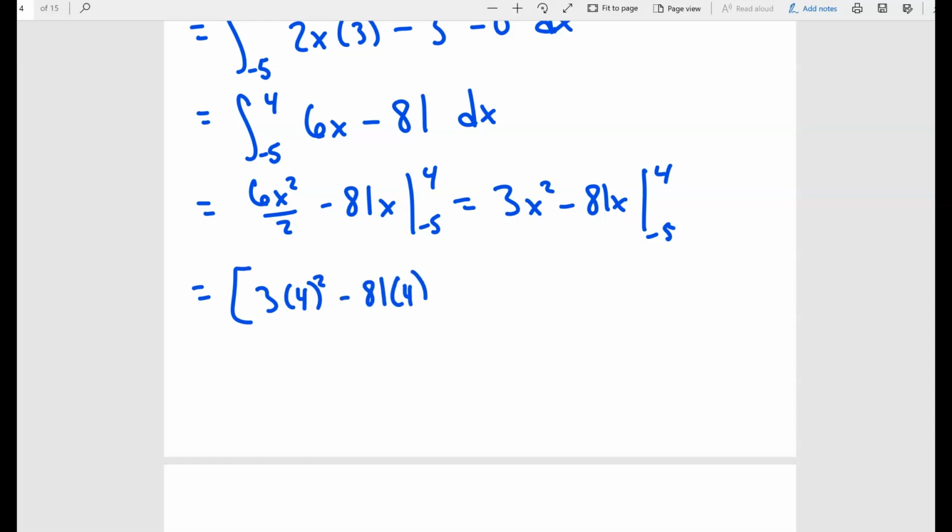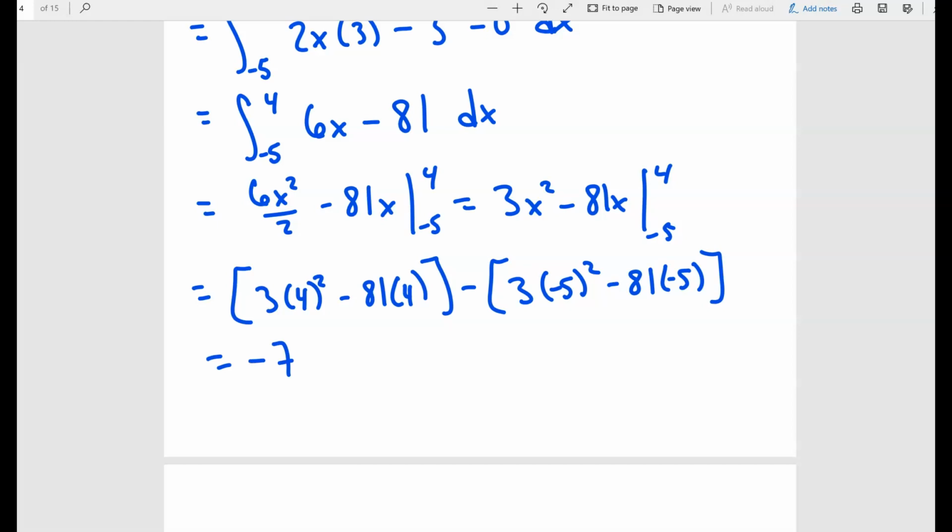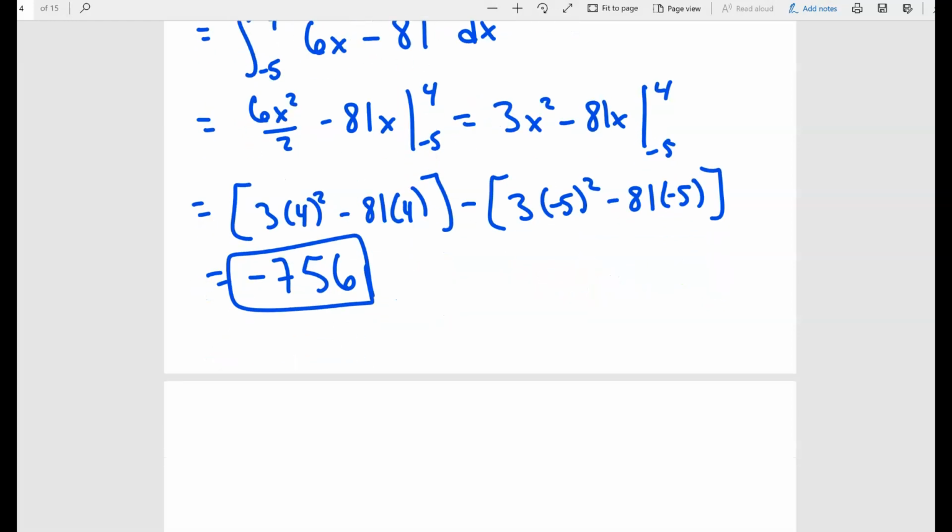So plugging in the 4 first, and then I'm going to plug in the -5. 3 times -5 squared minus 81 times -5. Okay, and when you plug this into your calculator, you're going to get a magic -756. Okay, all right, so notice that you do get the same thing.